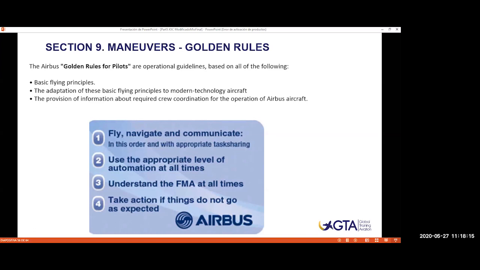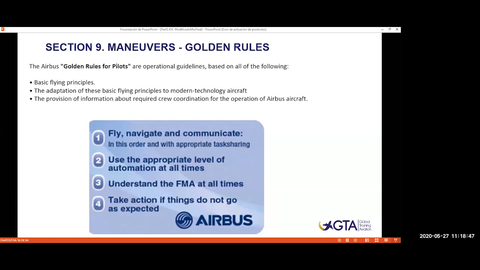This aircraft is a modern aircraft with many new things. Very important is crew coordination, task sharing, the roles of the pilots, pilot flying, pilot monitoring. This is how this aircraft has to be flown, and this guideline we can sum up in what we call the golden rules. There are 4.